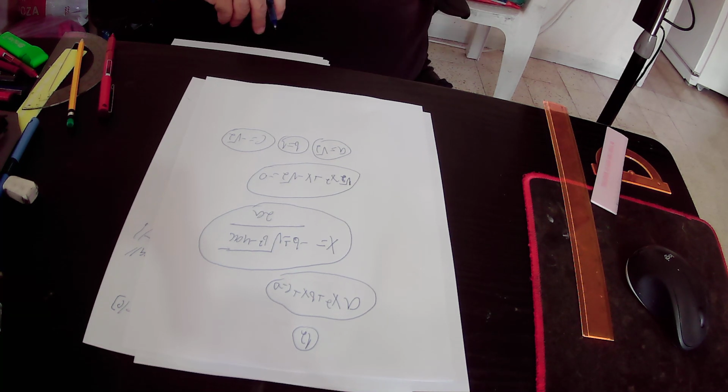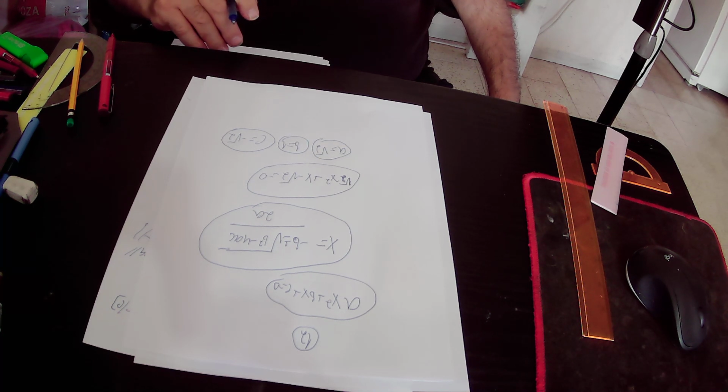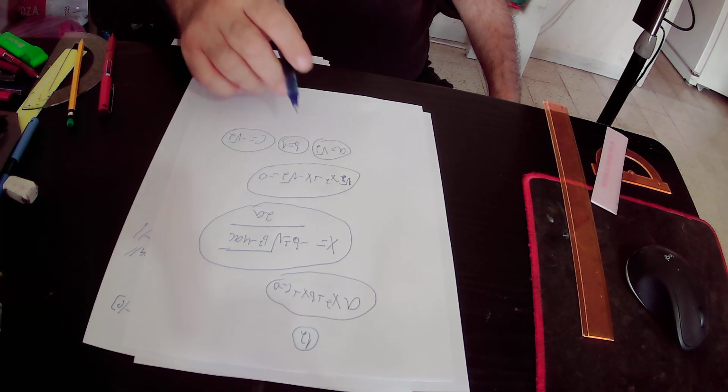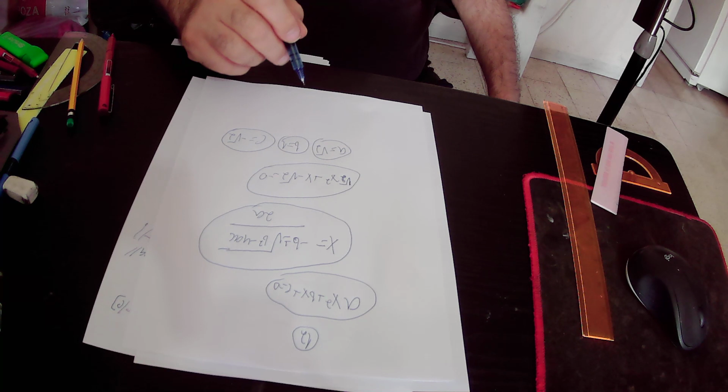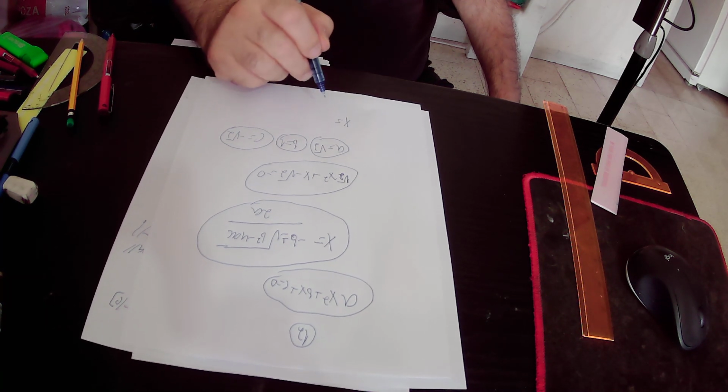So in order to find out the value of x, we will substitute the a, b, and c that we found into the general formula for x. So x will be equal to minus b.